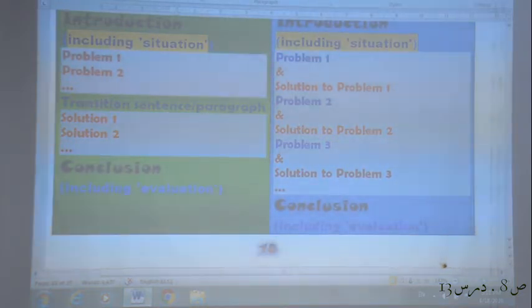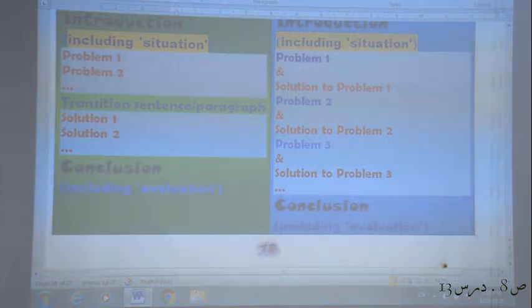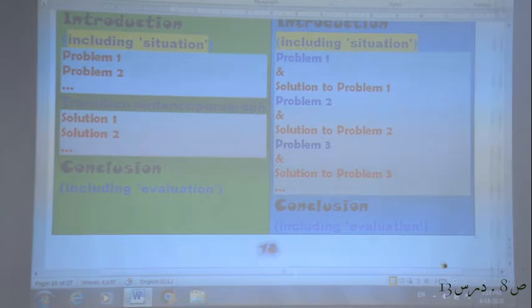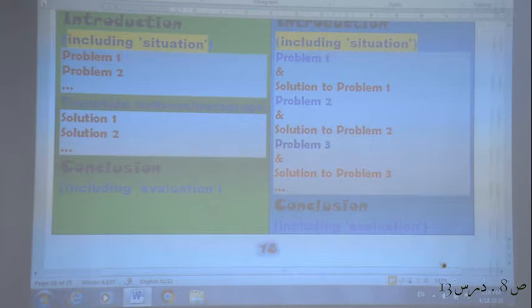In a 1000 word essay, we can write about evaluation in a separate paragraph, but here we can only write about the situation or the evaluation in the introductory paragraph or the conclusion paragraph. And in the second and third paragraph, we list all the problems and all solutions in two separate paragraphs.